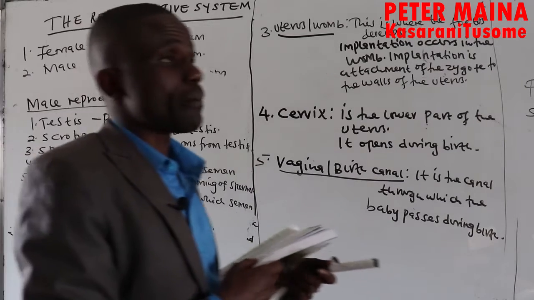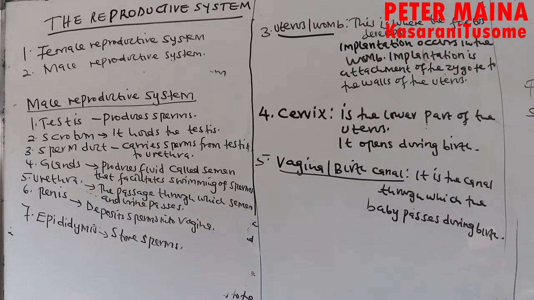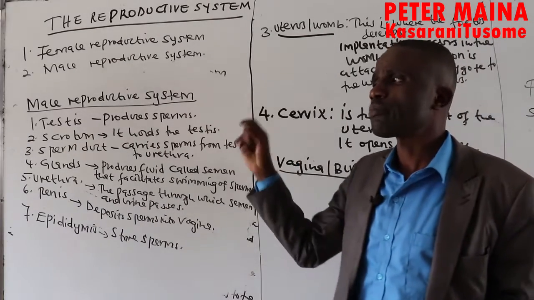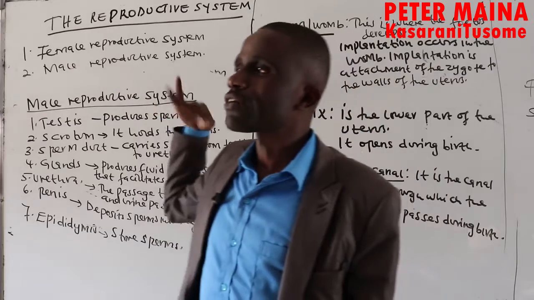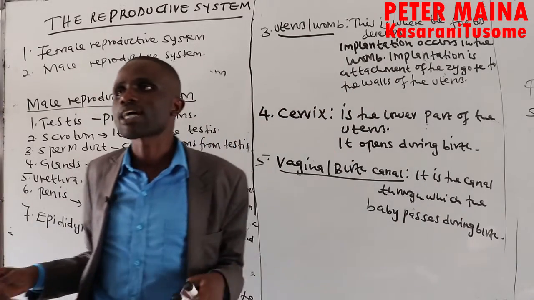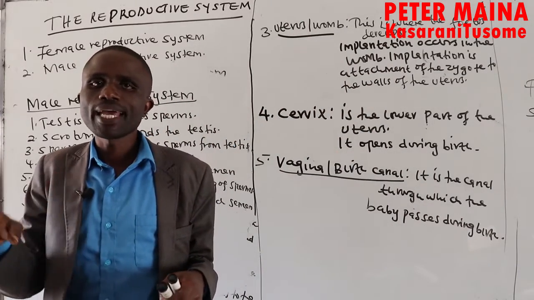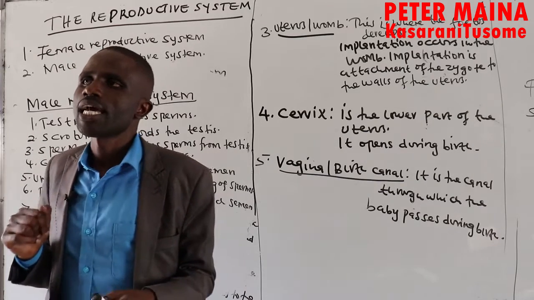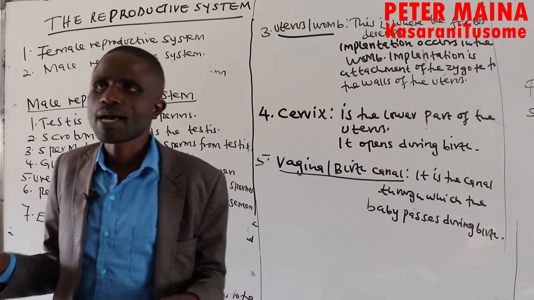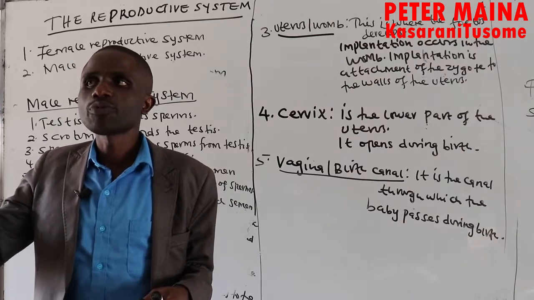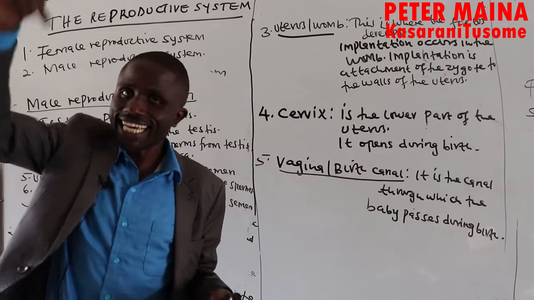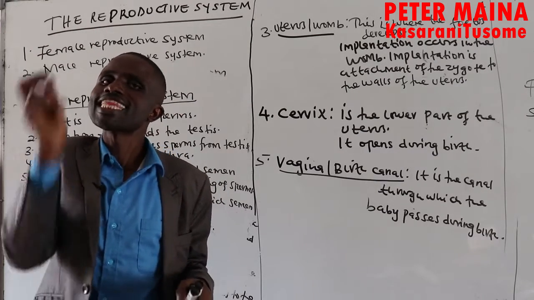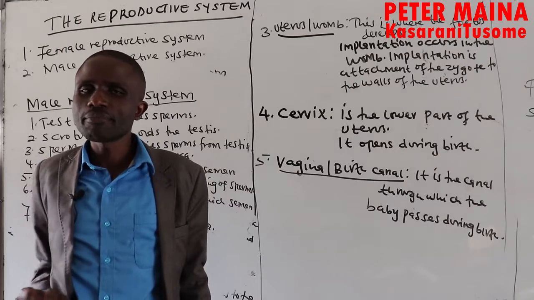So we can now try to reflect. One of the methods of mastery of content is to self-reflect. Without looking at the content, can we know the parts of the male reproductive system? We started with the testes, which produce sperms. We also have the epididymis, which stores the sperms. Once the testes produce the sperms, they are stored in the epididymis.